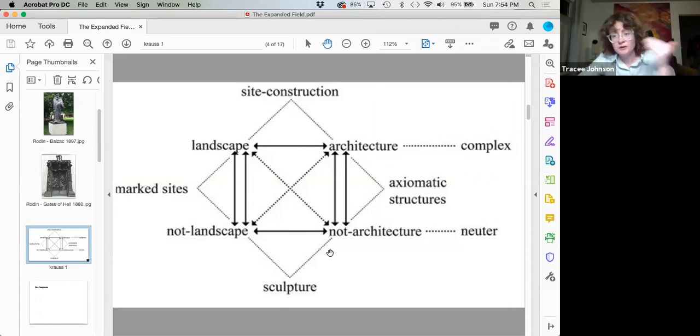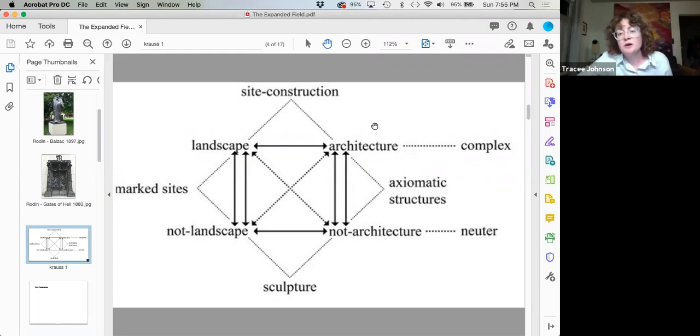Then she's going to move in the article and start talking about these other 3 points of this diamond here, okay? There's the marked site, the site construction, and the axiomatic structures. Axiomatic is just a fancy word for obvious or clear, understandable structures, okay?